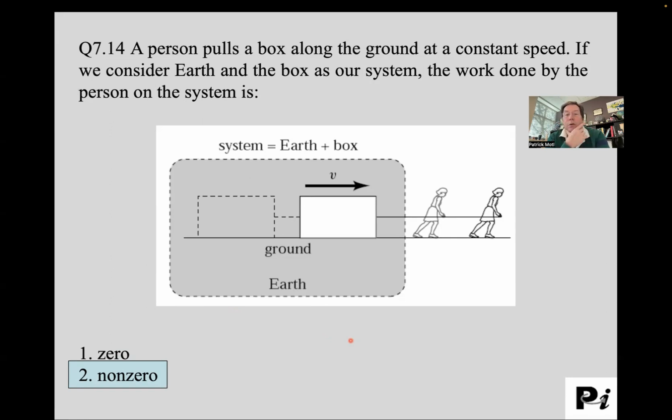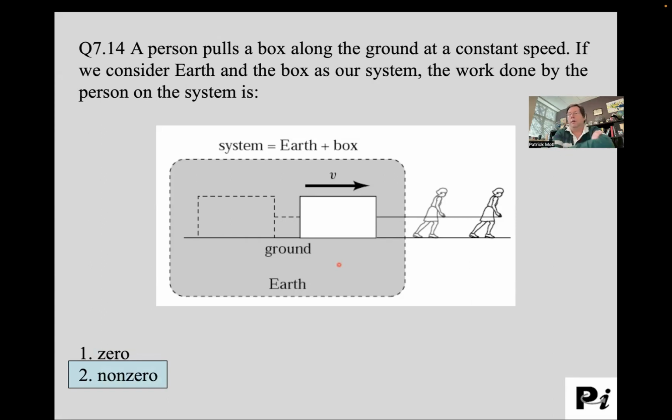The person is not doing work on the ground or the earth, because the displacement of the earth is essentially zero. So even though the person is not exerting a net force on the system of the earth plus the box, the person is doing work. If the box moves, it has a displacement. The earth does not move, has no displacement.